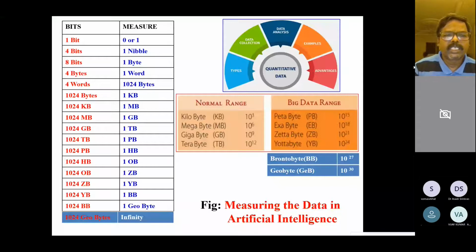Now see, how do we measure data in artificial intelligence? In order to develop automation applications, we require a huge volume of data.